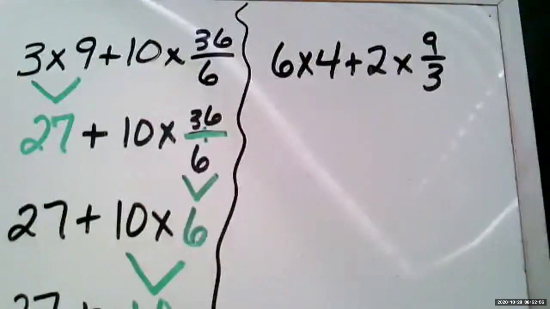I'm going to have you go through the steps on your whiteboard so that you can show your work. Whiteboards, please. Go ahead and take about 90 seconds or so to solve this one.